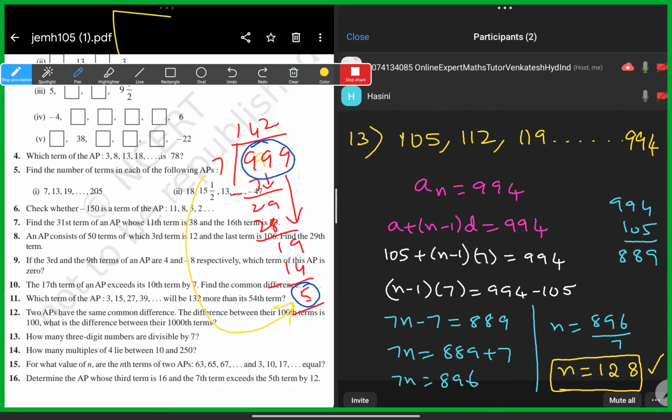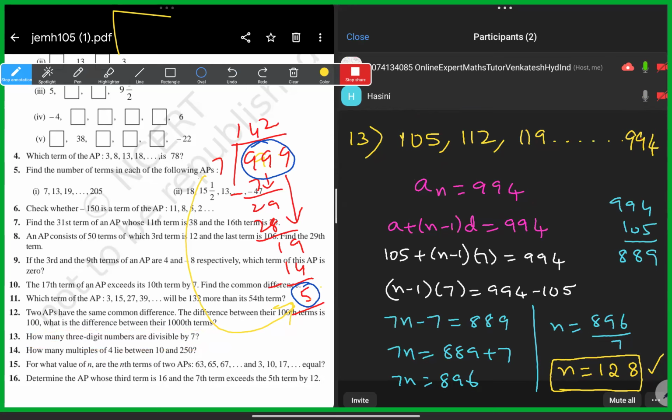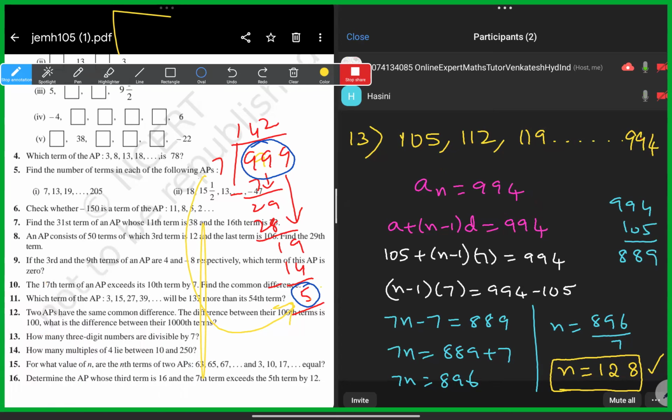What we should understand from this question is we equated a_n to 994 and found its n value. So 994 is the 128th term in this series. Since 994 is the last term, there are 128 members in this list. So the answer to how many 3-digit numbers are divisible by 7 is 128 numbers. Just for our confirmation, once you check the factors.